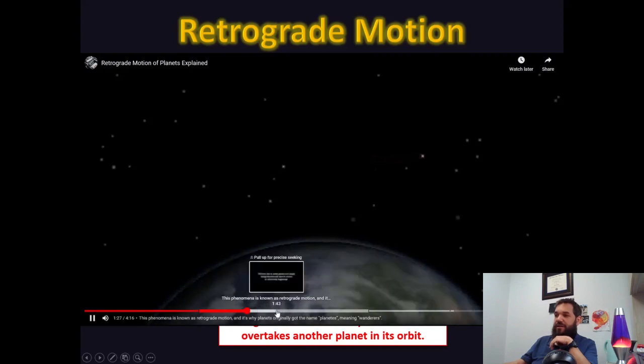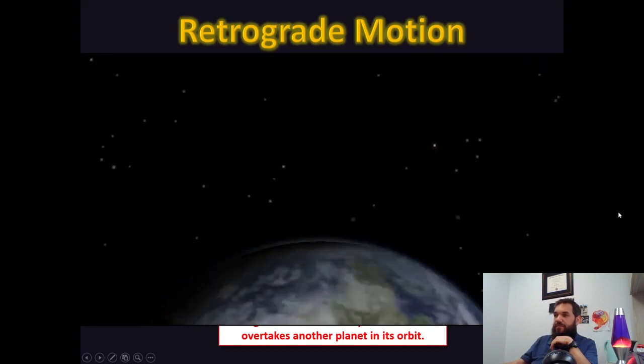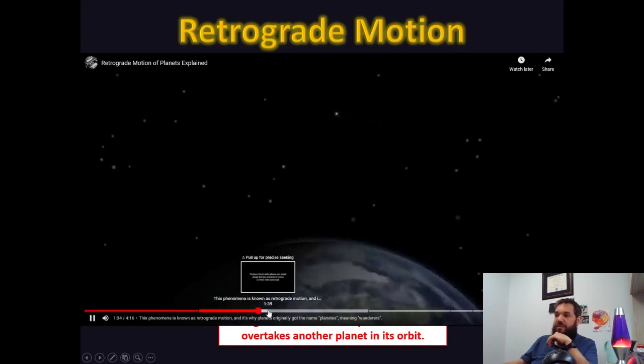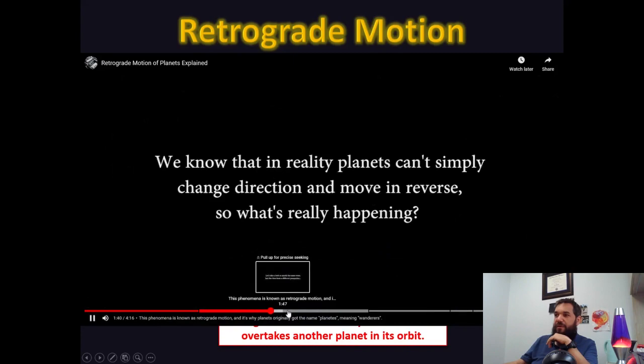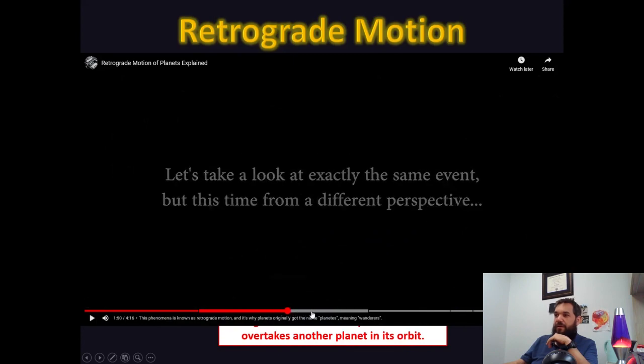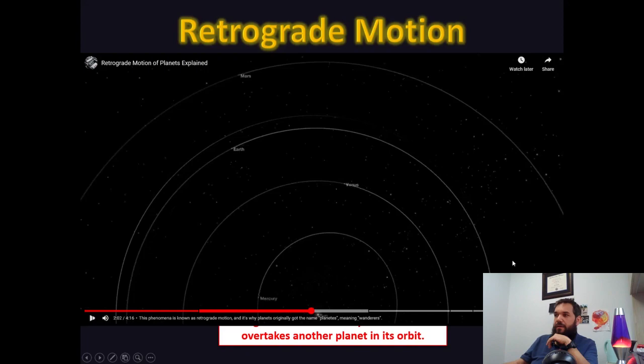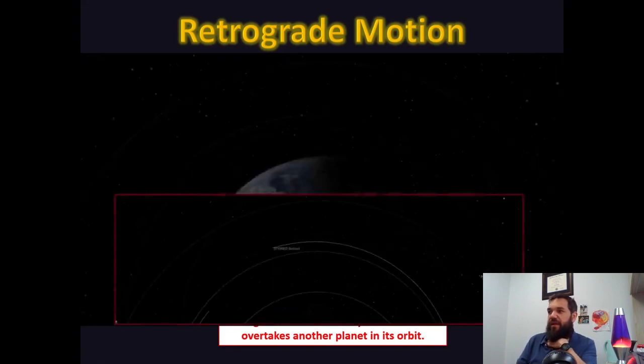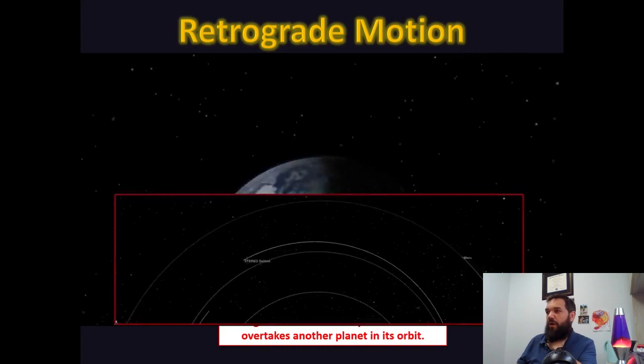What actually causes this? What actually causes this, we'll see, is when we have the planets going around the sun, and then one of the planets catches up to another in its orbit.